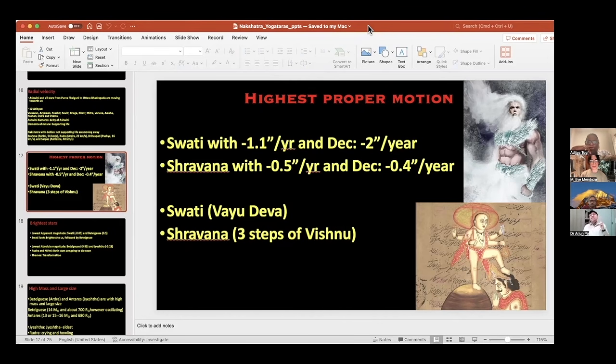In Kali Yuga, you are farthest away from the center of the galaxy, and as you come closer, cutting towards the center in the ecliptic, that is when you go into higher yugas.